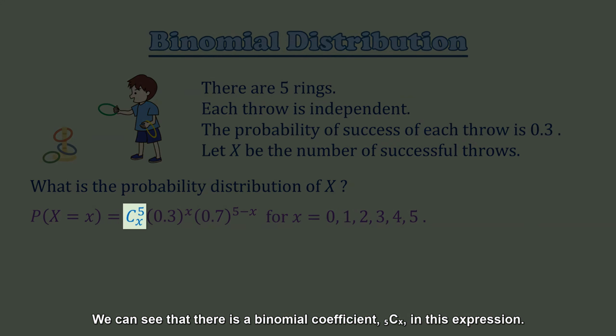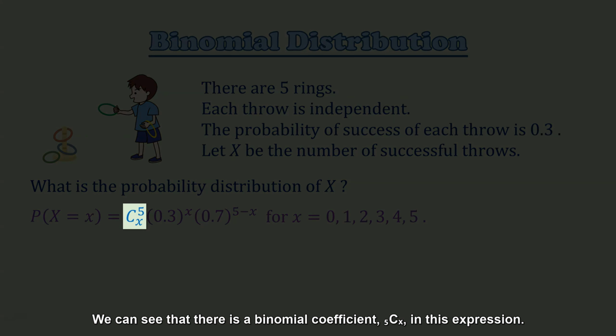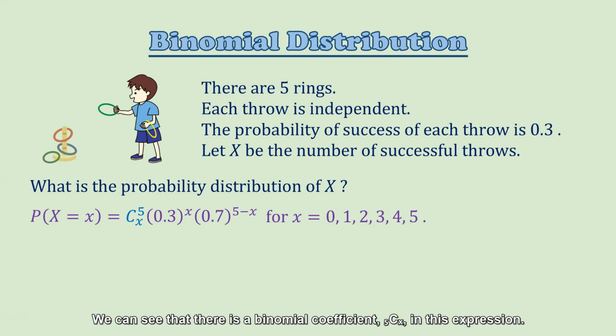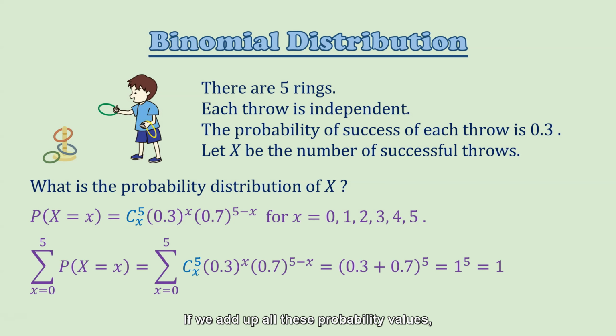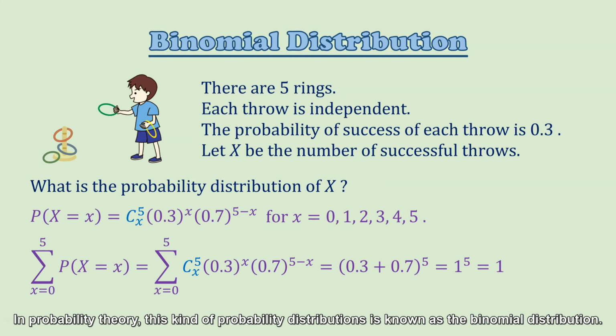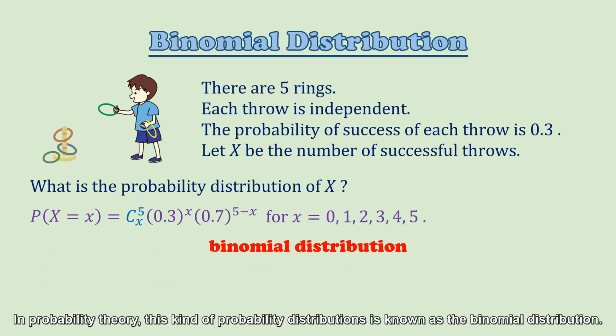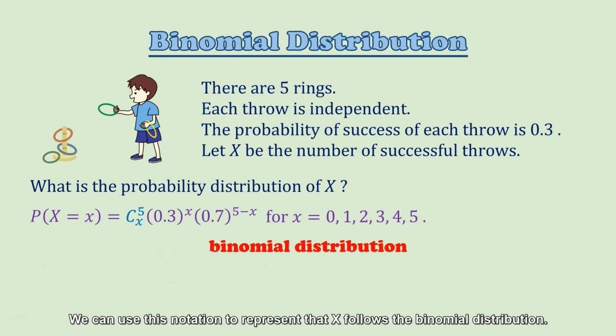We can see that there is a binomial coefficient 5Cx in this expression. If we add up all these probability values, then by the binomial theorem, we can see that it is really equal to 1. In probability theory, this kind of probability distribution is known as the binomial distribution. We can use this notation to represent that X follows the binomial distribution.